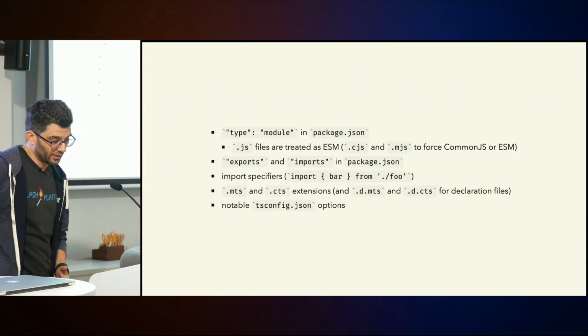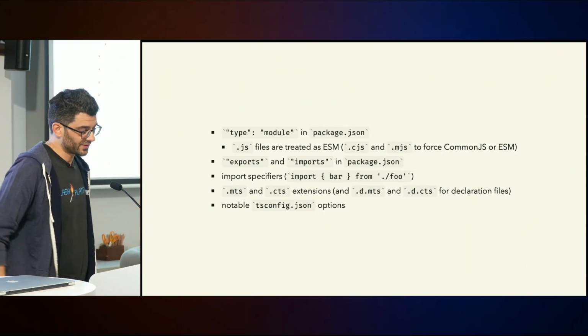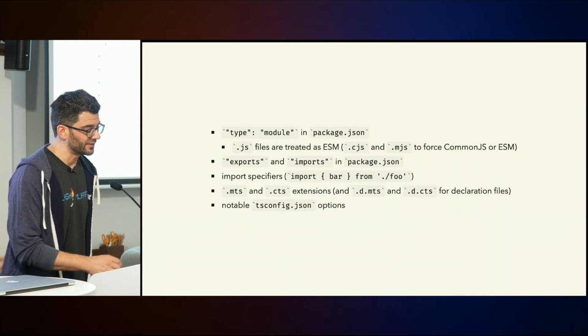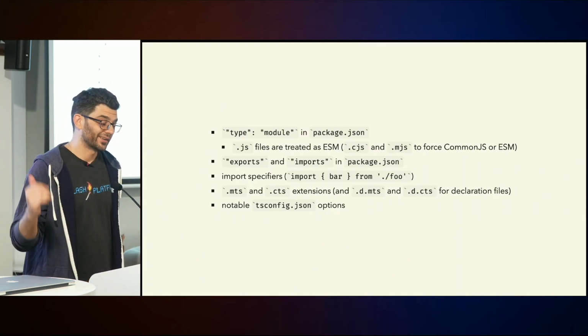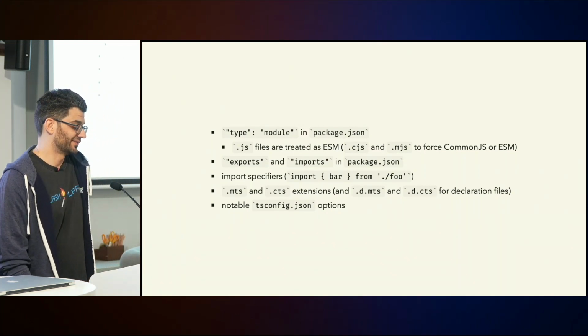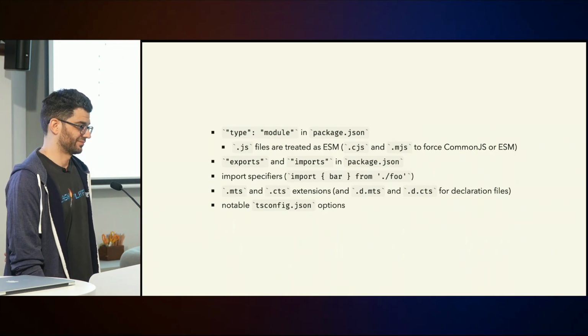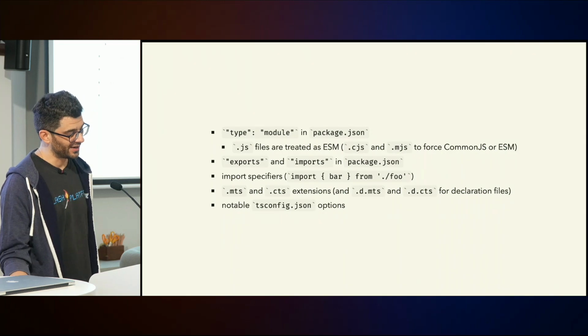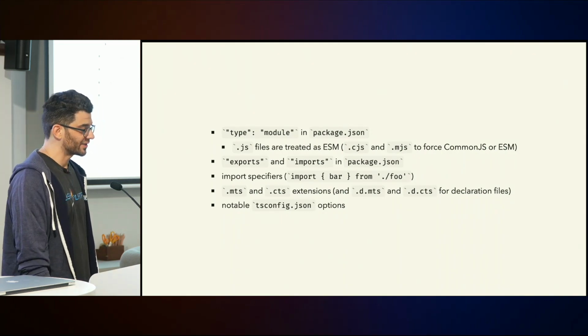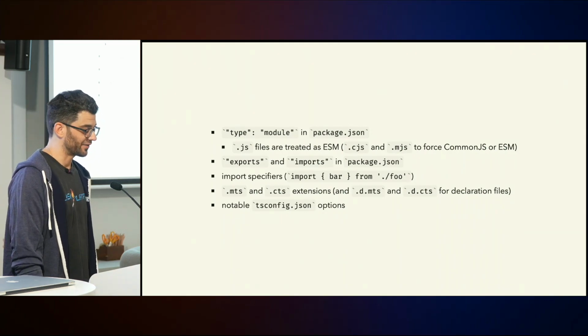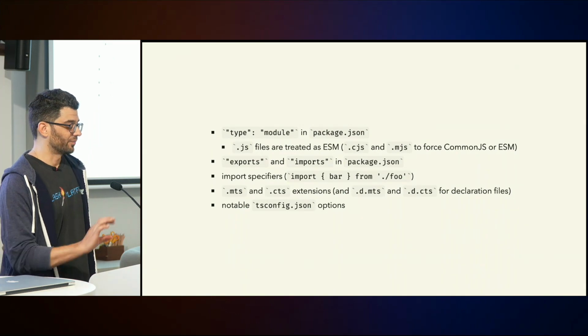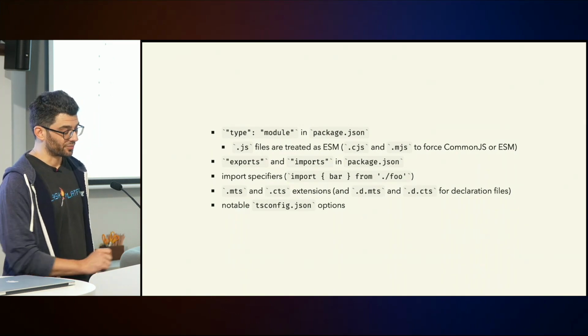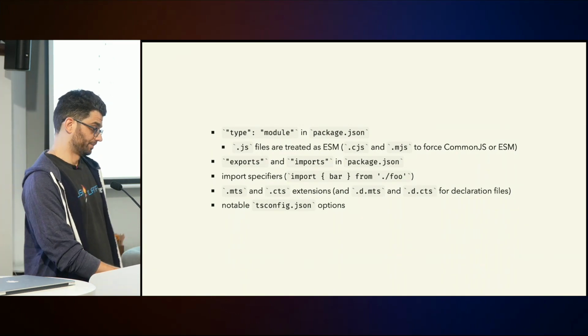Then we will have a look at import specifiers, what the situation there is, and then because .cjs and .mjs were not bad enough, we've got new extensions like .mts, .cts, and .d.mts and .d.cts for declaration files. And there are a few tsconfig options that are notable.